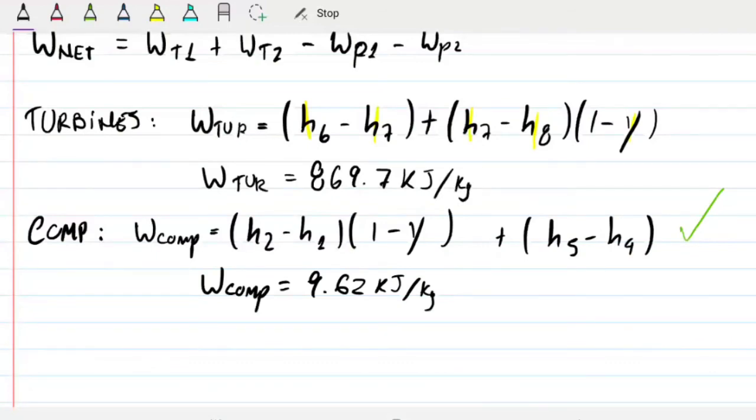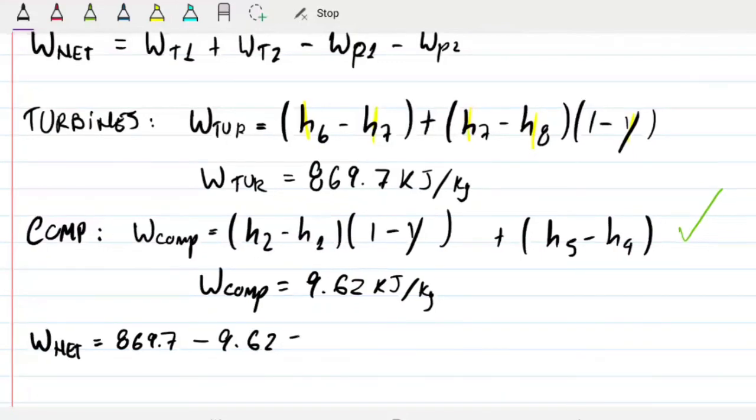Okay, so our net will be just the difference between these two guys here, just like we did before with the heat. It's going to be the 869.7 minus 9.62. That's pretty much just subtract 9, right? So it's going to be 850.